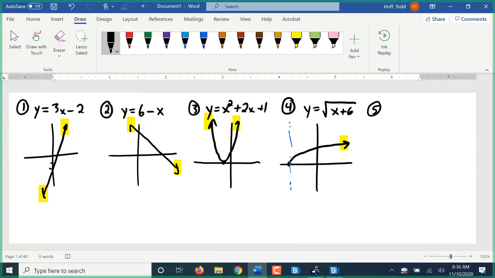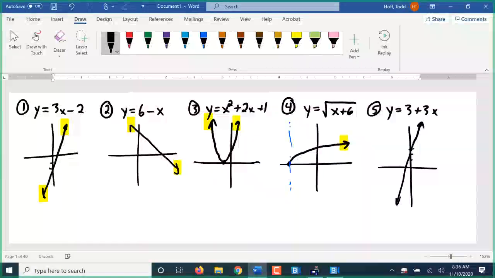Let's see what equation number 5 looked like. It was y equals 3 plus 3x. Looks something like that.